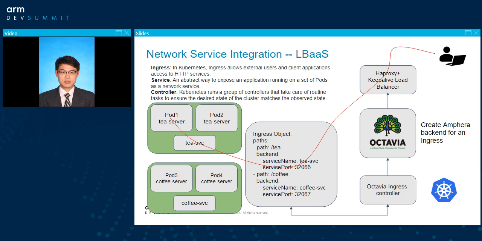After the ingress object has been created, the Octavia ingress controller running in Kubernetes will watch this object change and tell the OpenStack Octavia service to create an Amphora backend for this ingress. It will launch the Amphora, configure HAProxy, and configure the HAProxy rules. After that, you will have external access from the internet. So it is general information on how you run an application in a Kubernetes cluster.